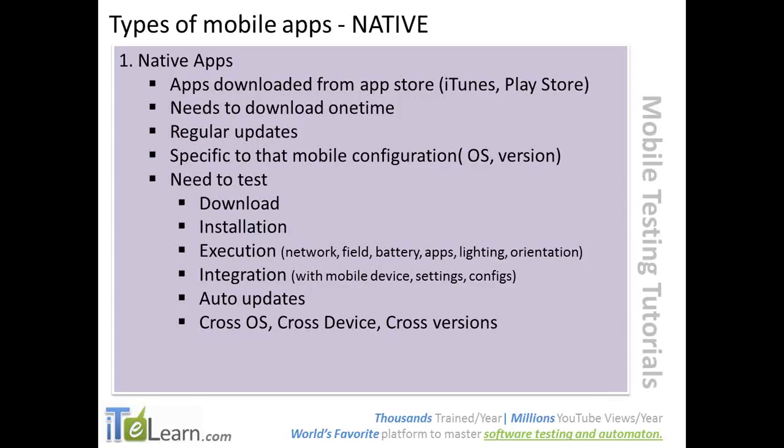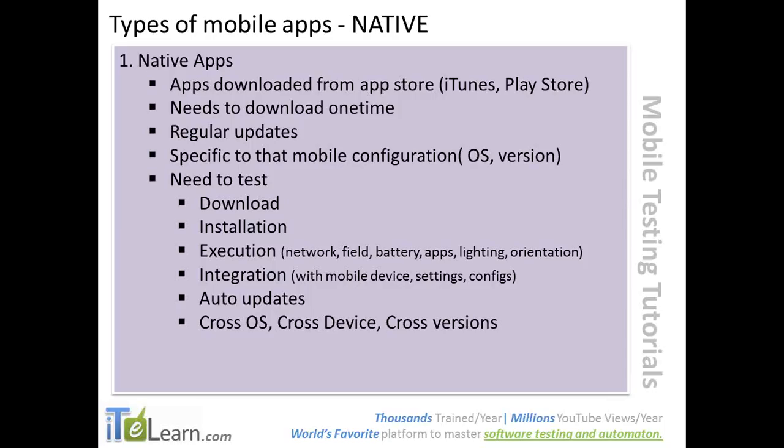You can search for different applications like your Angry Birds or your Bank of America app, or your Chase app, or your weather app, or your news app, and so on. Similarly, there are apps on the Play Store for your Android devices. So those apps that you download onto your mobile device, and then you install one time and then you work on it, those are your native apps.